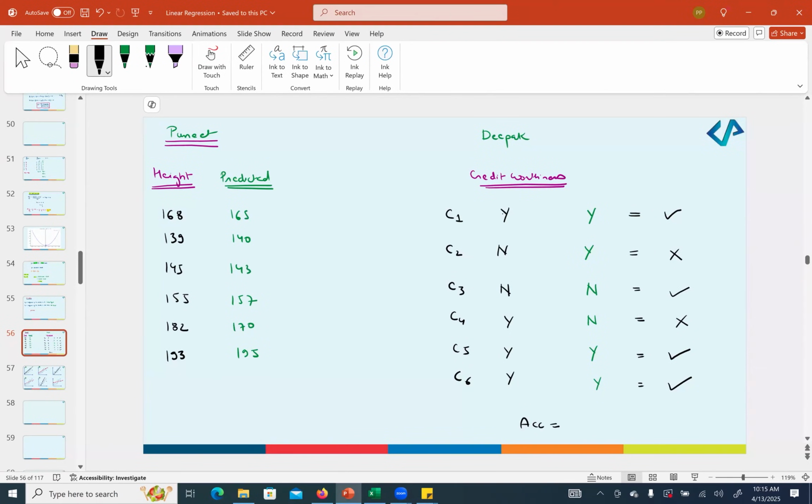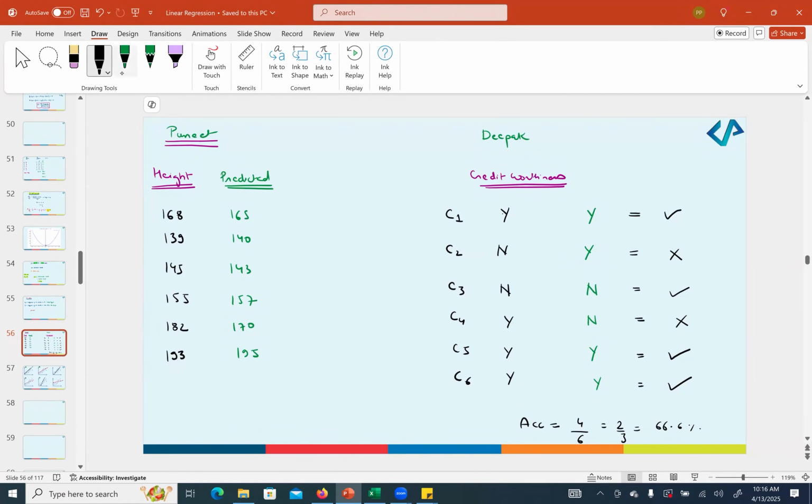How many predictions did Deepak make? Deepak made 6 predictions. Out of these 6, how many were correct? 4. So 2 by 3, a 66.6% accurate model Deepak has created.